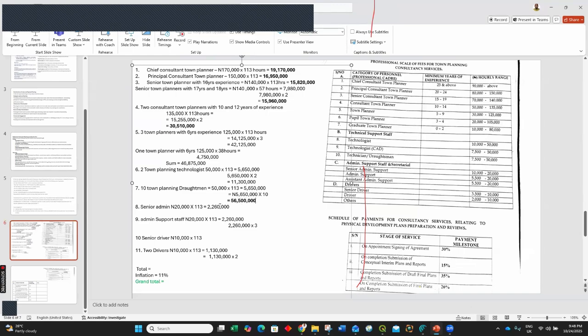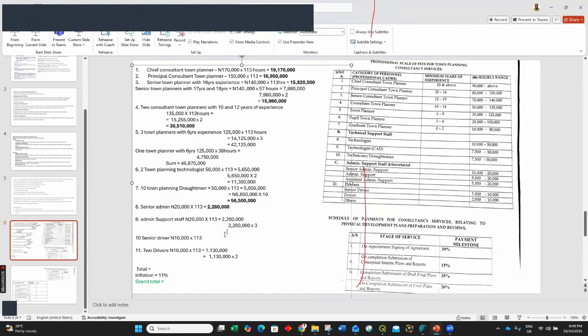All right, then we have senior admin. Under support staff, senior admin, the maximum rate is 20,000, and we have only one. So senior admin will participate fully for 113 hours. His amount is 2.2. Then next we go to admin staff.